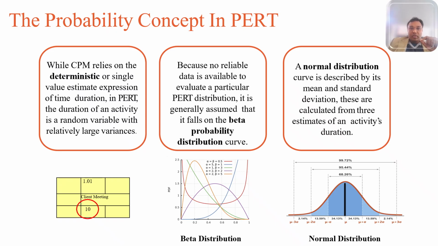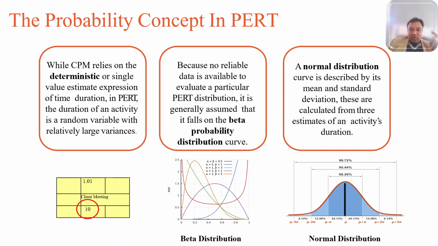So why does PERT use this beta? Activity times cannot be negative, right? It cannot have a negative time, and usually has a minimum, which is your optimistic point, and a maximum value, which is your pessimistic point. So the beta distribution can represent this bounded nature well.